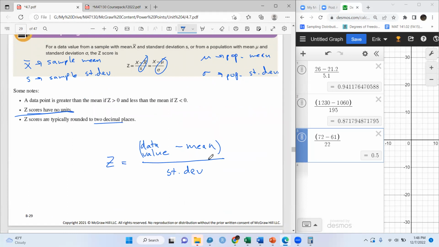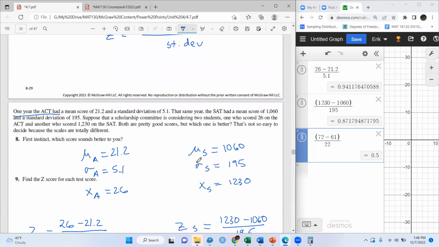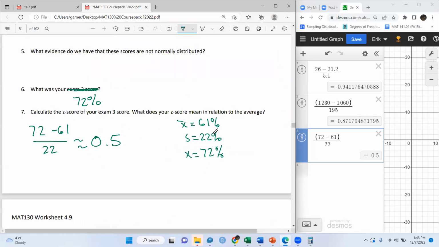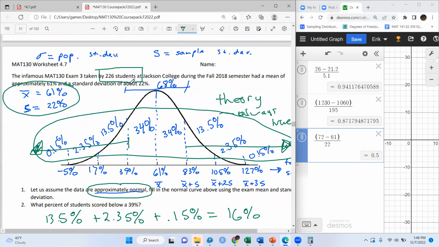That's the calculation. So the 22 is the standard deviation. Does that make sense? And how do we find the standard deviation that we're dividing by? It's got to be told to you in the problem, or you have to calculate it.